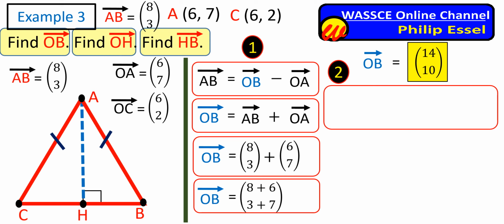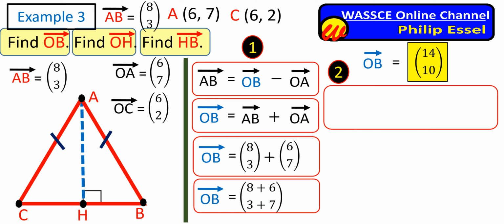Let's do the second part of the question. In this part, we are being asked to find the position vector OH. From the diagram, we know that the position vector OH is the midpoint of the line segment CB.